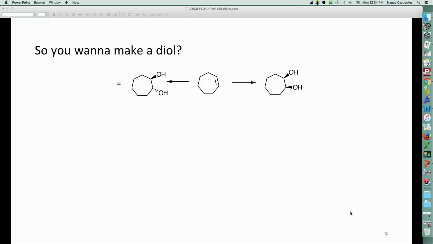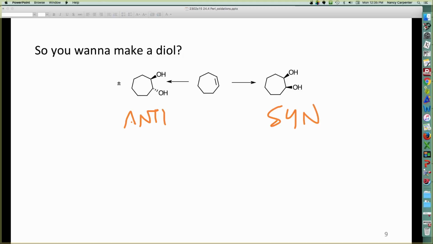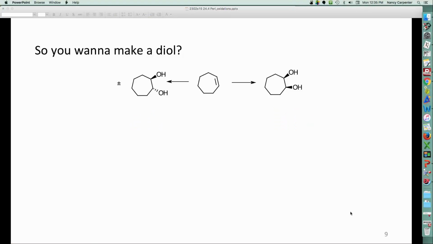So, synthetically, now we've got another tool for our toolbox. If we want to make a diol, we now have the tools to make either the anti-diol or the syn diol. So the anti-diol we can make by going via the epoxide, and we know how to make that.